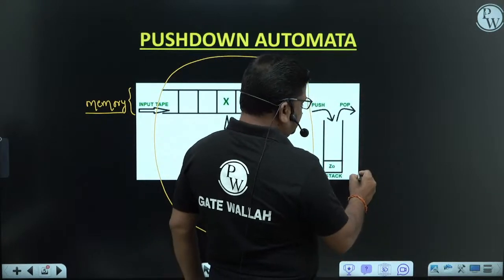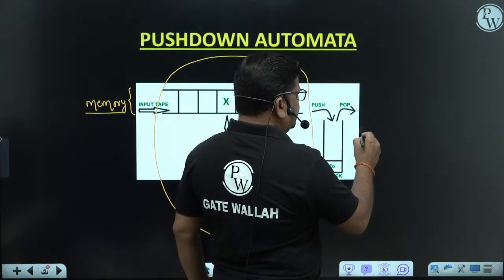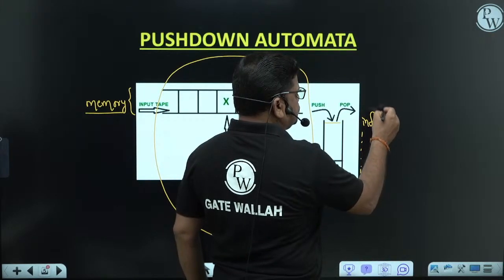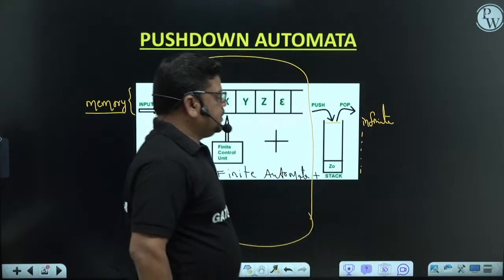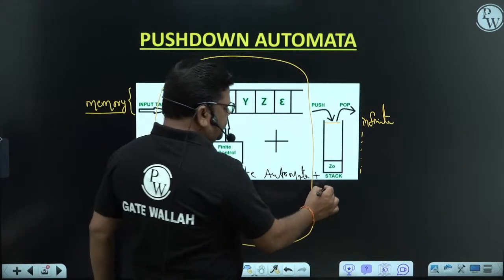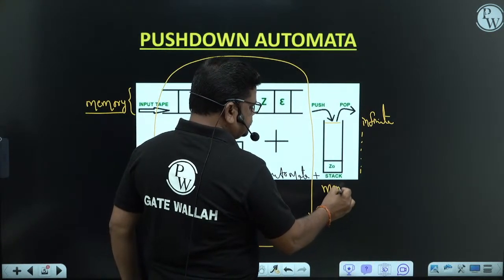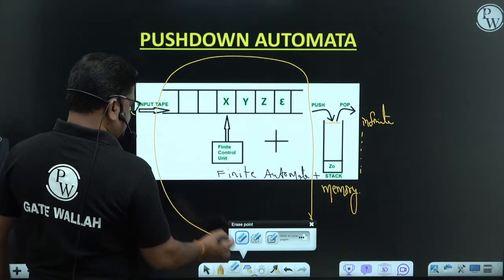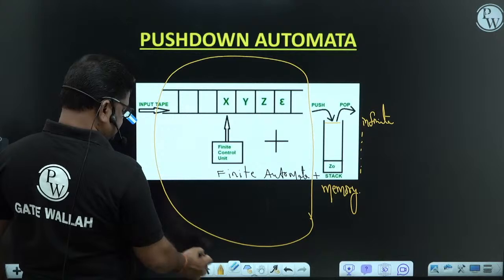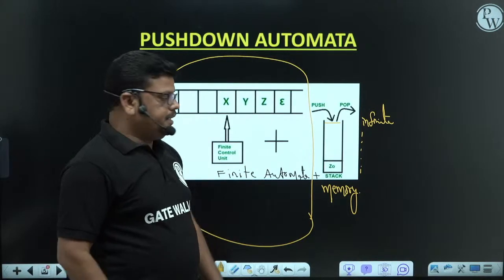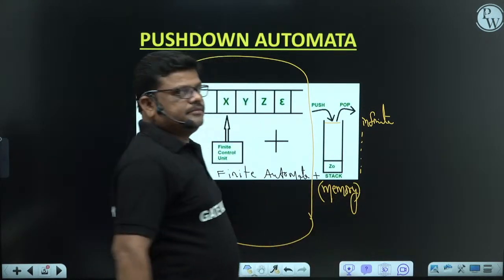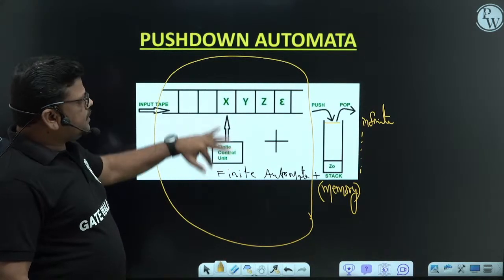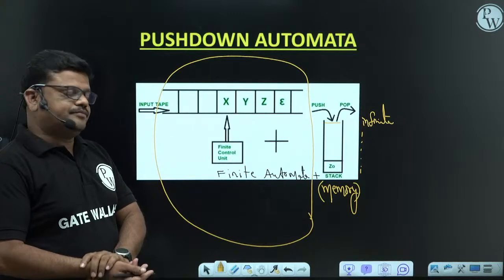But whenever a stack is included, the size of the stack is definitely infinite. That's why the stack is considered a memory element here. Generally in pushdown automata, we treat this as infinite memory. In finite automata, the tape plus states together have to act as memory.